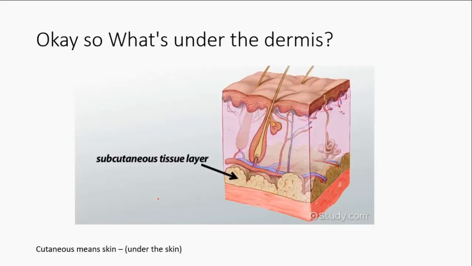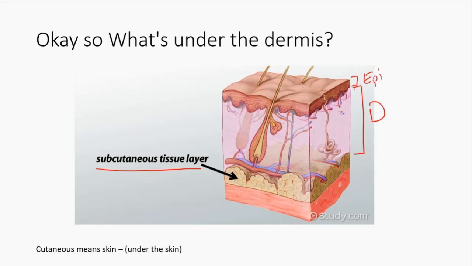So what's under the dermis? Remember we said that another one of the appendages, the supporting structures of your skin, is your subcutaneous layer. This is your dermis here, and this is your epidermis.